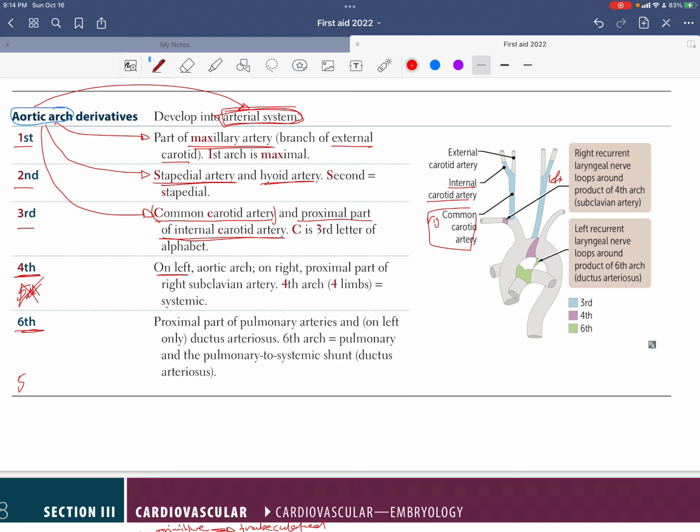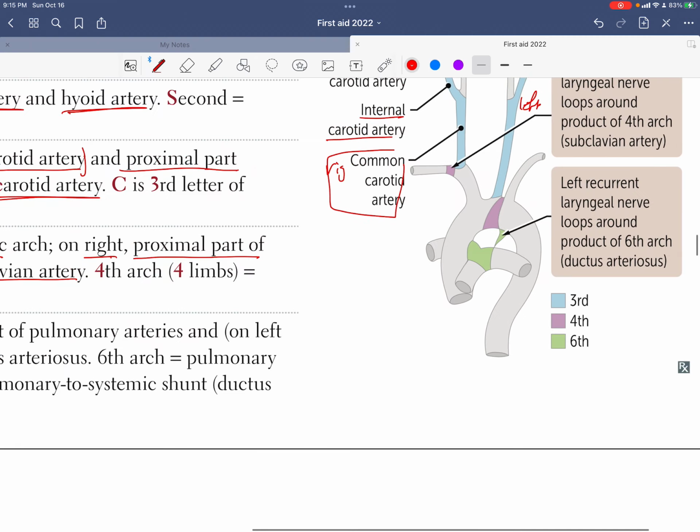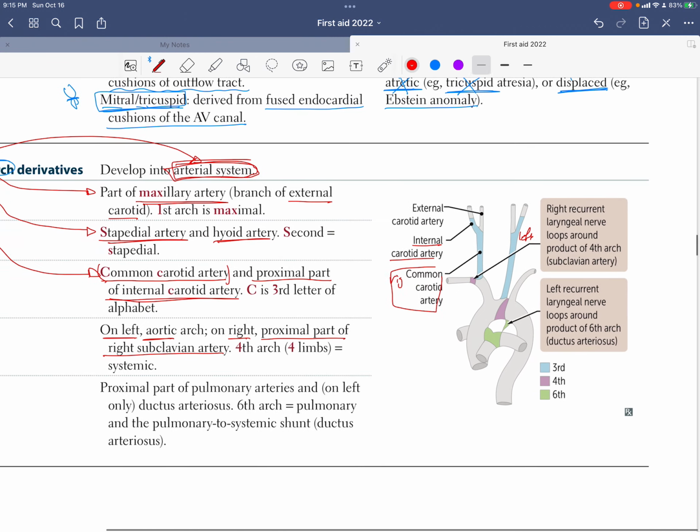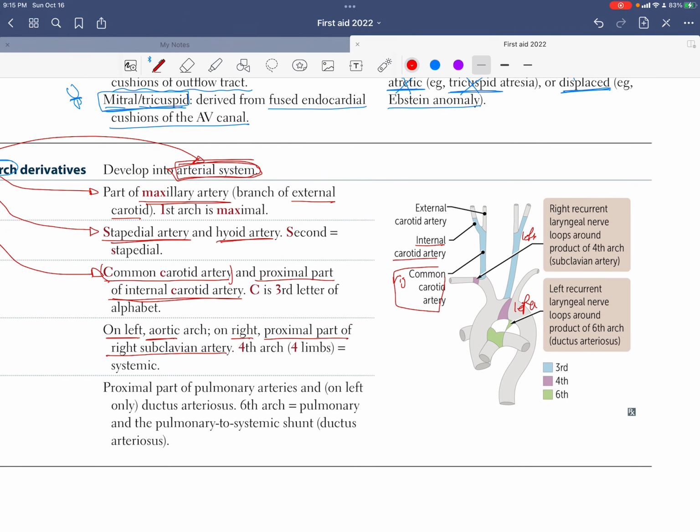For the fourth derivative that we have here, if it's on the left, then it only forms the aortic arch, as we're going to see. If it's on the right, then it also forms the proximal part of the right subclavian artery. So we're going to look at the purple color here. This is the left side, and this is the right side.